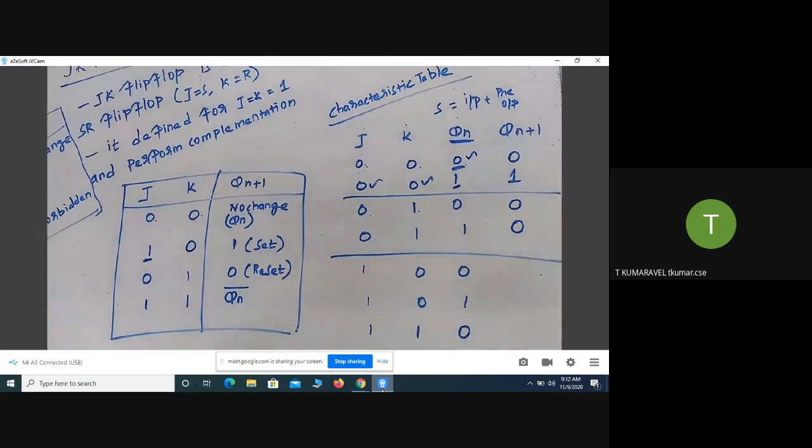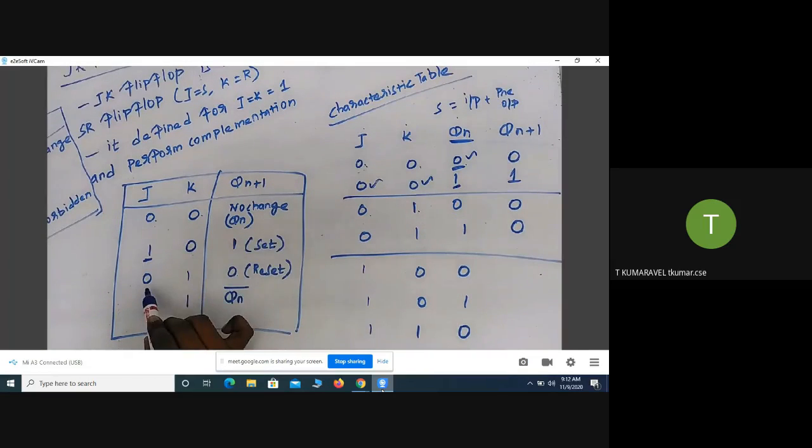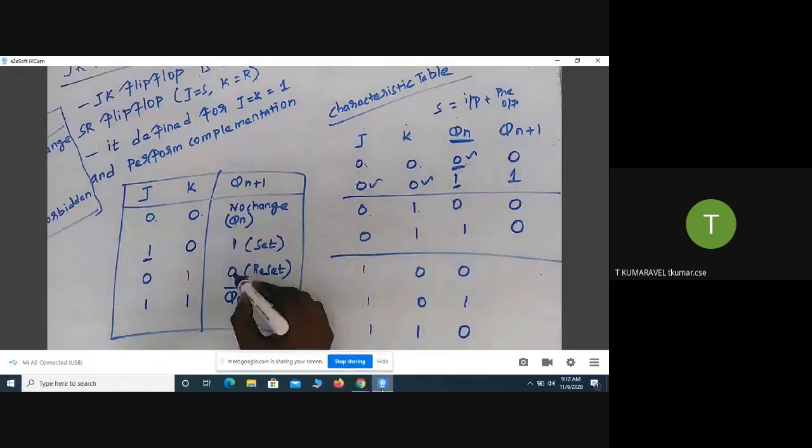Sir, you may ask why we are not considering the previous state output. Clearly the table defines it: when the input is 0 1, I do not consider the previous state output. Definitely the current state output equals 0, so I write reset. It is okay.